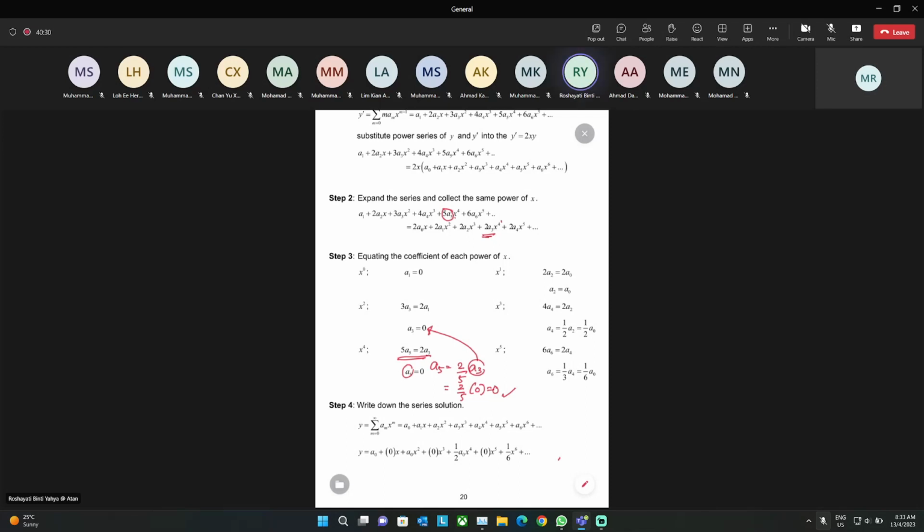So x5, it has 6a6 and 2a4. So 6a6 equal to 2a4, a6 equal to 2 over 6 a4.